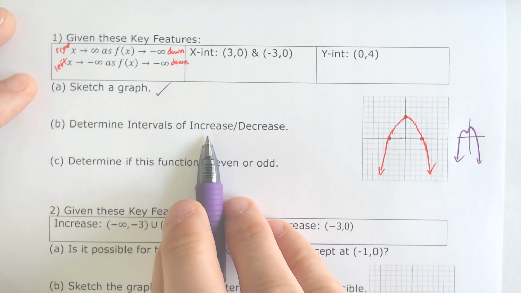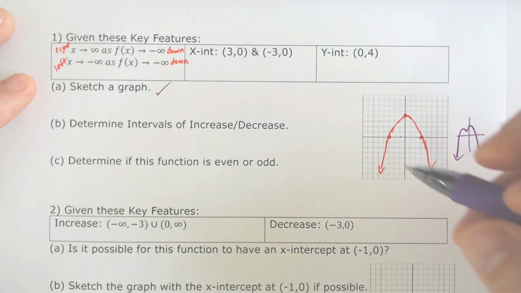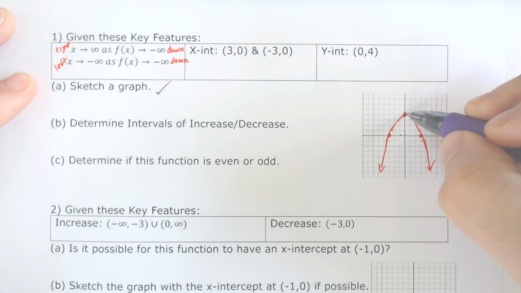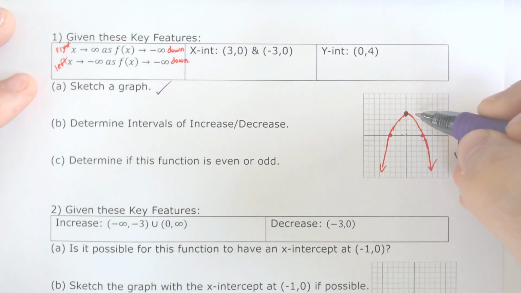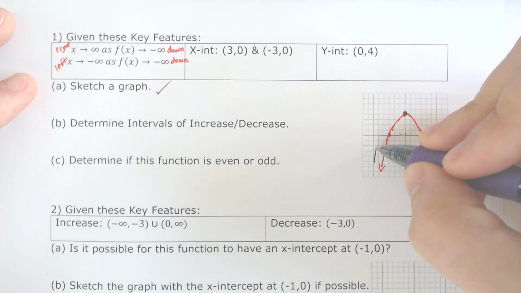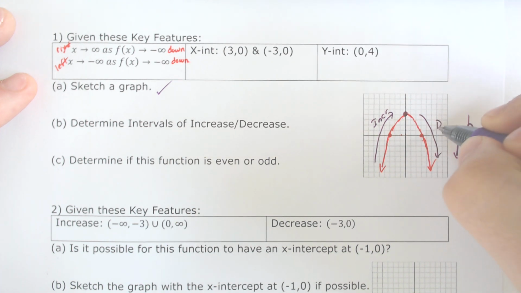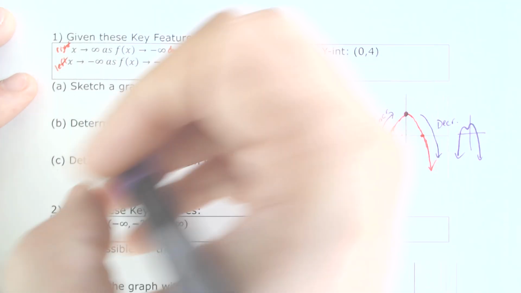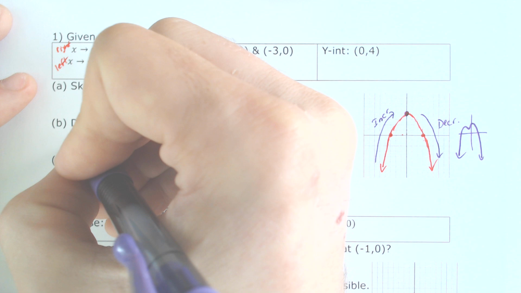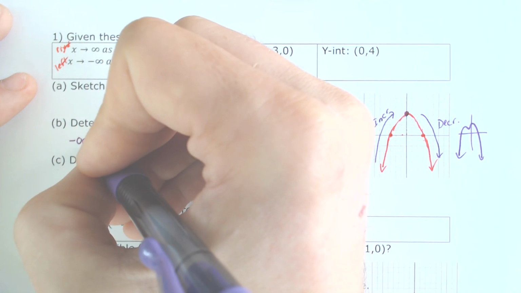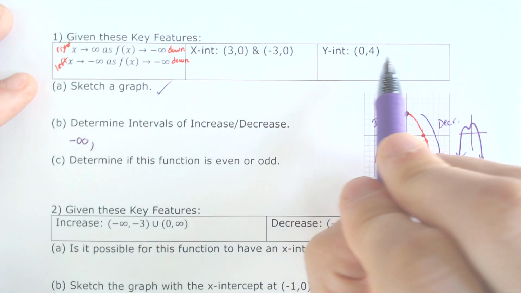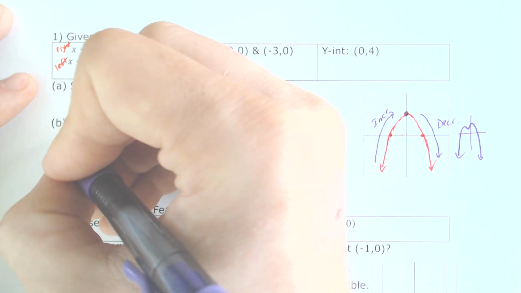Determine the intervals of increasing and decreasing. I'm going to do it on the red graph. It is increasing up into the y-intercept, and it is decreasing from the y-intercept. So here we're increasing. Here we are decreasing. Okay, so it is increasing from negative infinity up until not 4, but 0. You put the x value here.